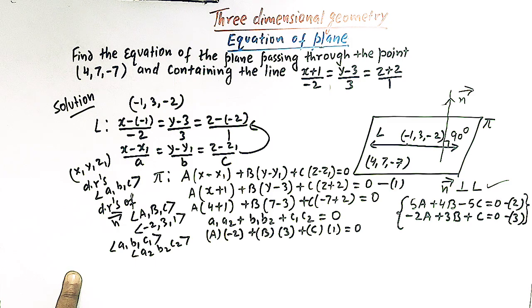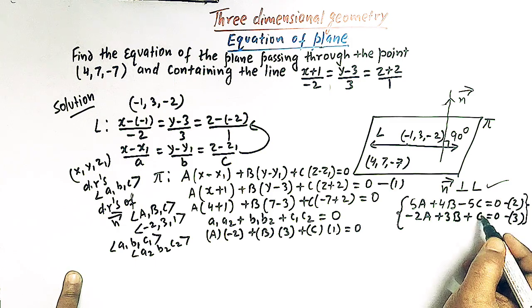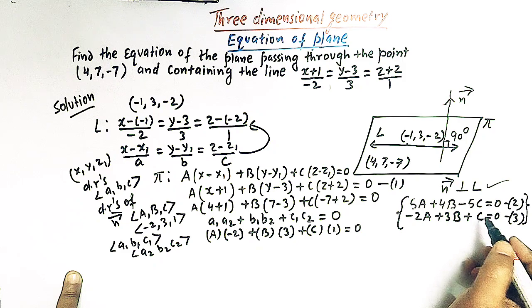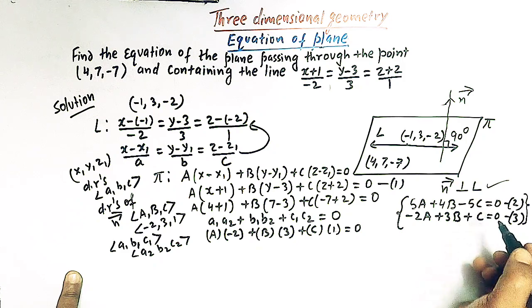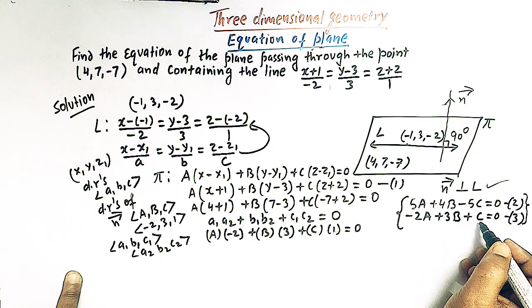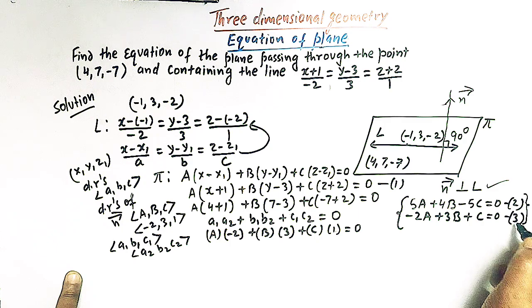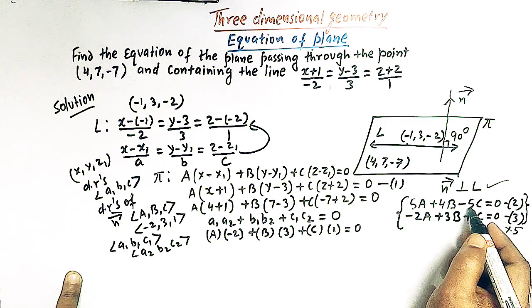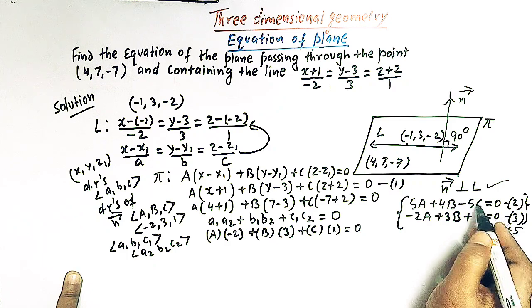So let us here select the variable c. So here we have minus 5c, and here we have simply c.